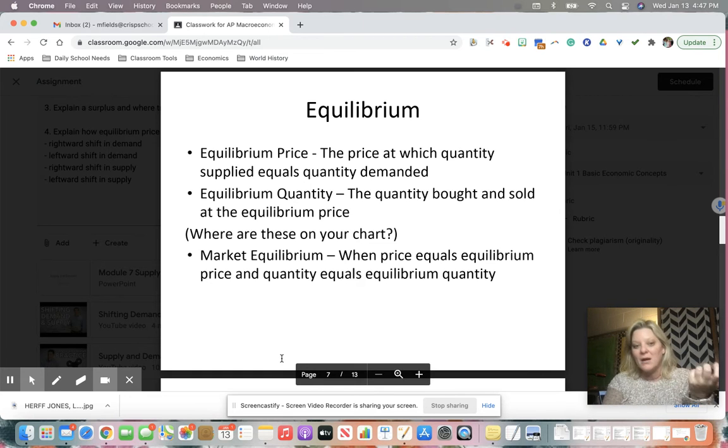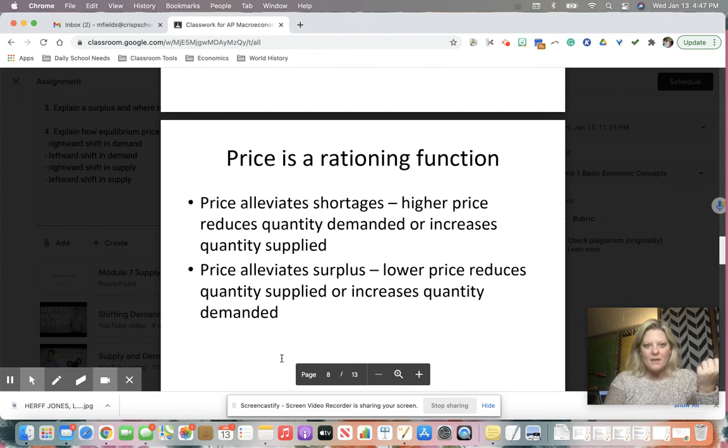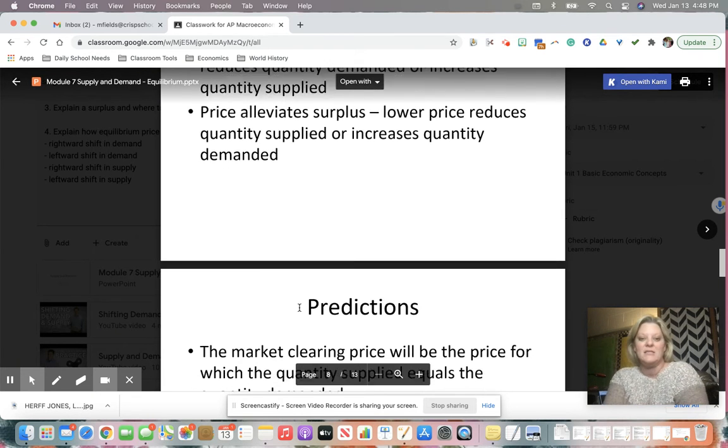And we call that market equilibrium. Price is our function that is going to alleviate surpluses and shortages. So basically it's saying if we raise the price, we will eliminate a shortage, and if we lower the price, we will eliminate a surplus, so long as we get back to the equilibrium price.